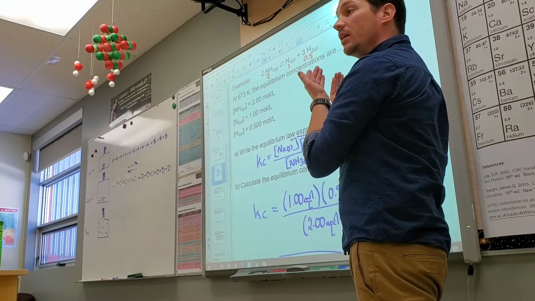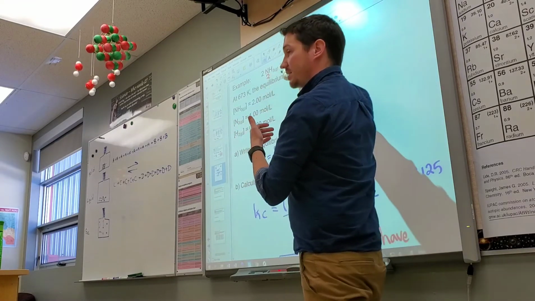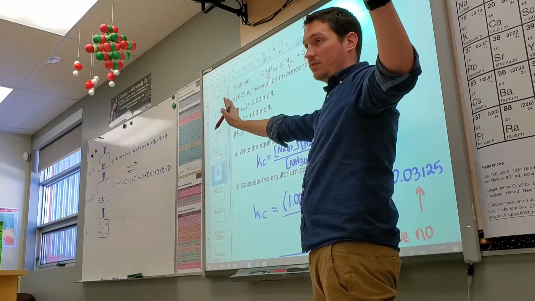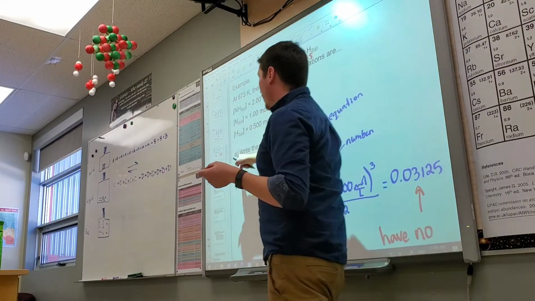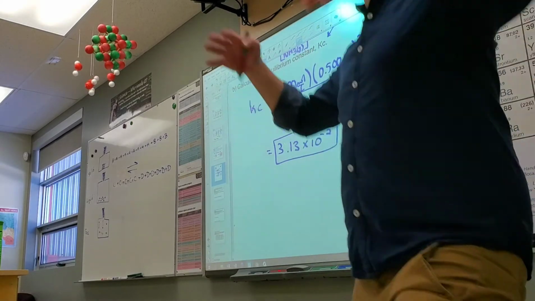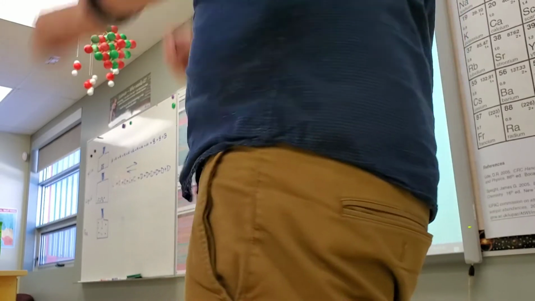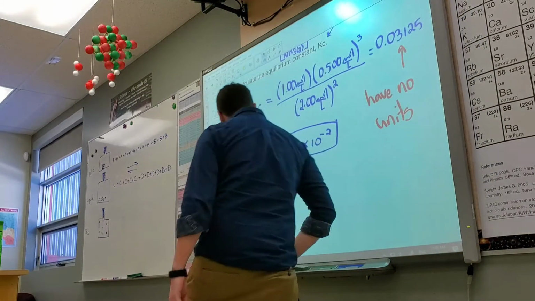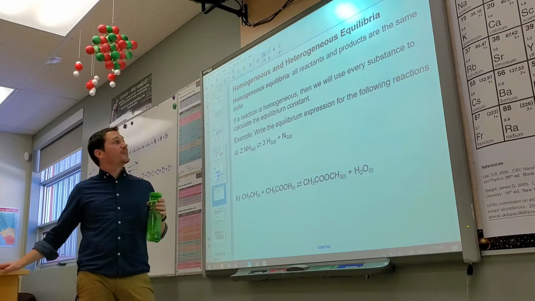In general, it seems like there are more reactants than products. So reactants are favored, and what did we get for a Kc value? Did we get a really large Kc value, or a really small Kc value? Oh, that's interesting. Curious. Let's move on without talking about it again for a little bit.